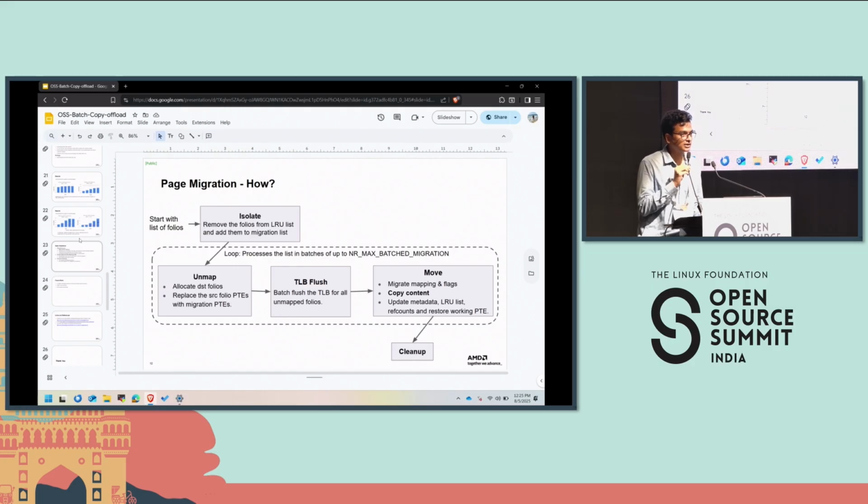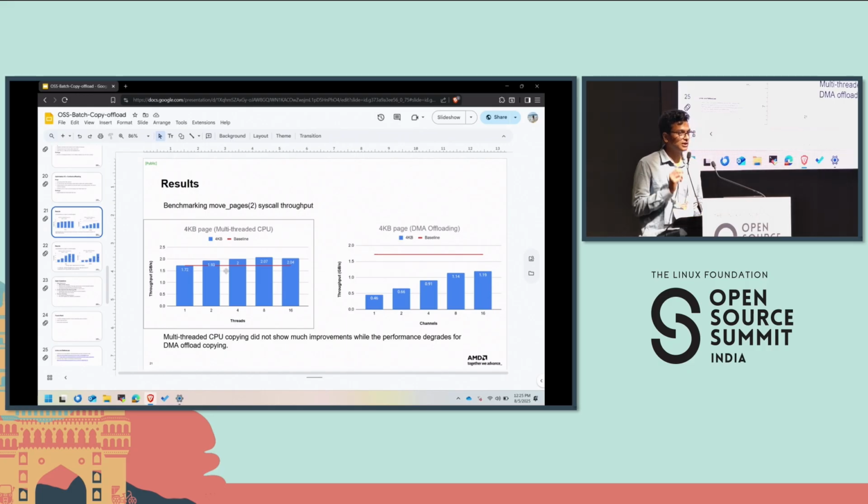On the first part, why didn't we see any performance benefits with 4 KB pages as compared to 2 MB pages? In a 2 MB PMD entry, we will have 512 4 KB pages, and the overheads to manage those 512 entries exceed any benefit.